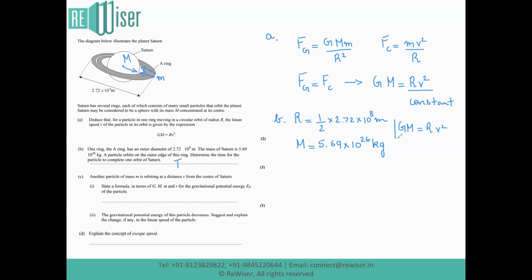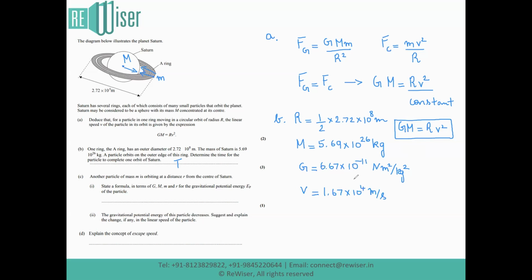Here the value of G is obtained from the data booklet as G = 6.67 × 10^-11 N m² per kg². Using this, substituting the values for R, M and G, we get velocity v to be 1.67 × 10^4 meter per second.